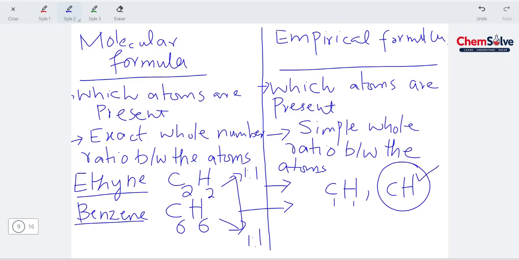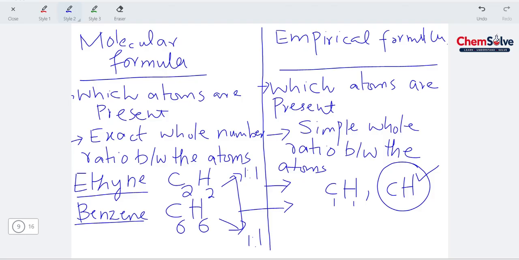So both of the formulas tell us about the type of the atom, but the exact ratio of the atoms is calculated through the molecular formula, and the simple ratio between the atoms is calculated through the empirical formula. And more importantly, you can see that molecular formula is definite. Molecular formula is a special case for each and every substance.